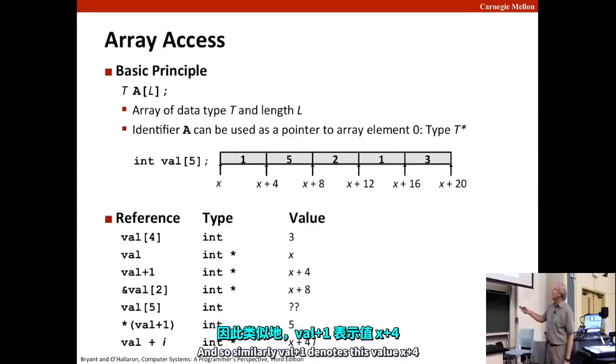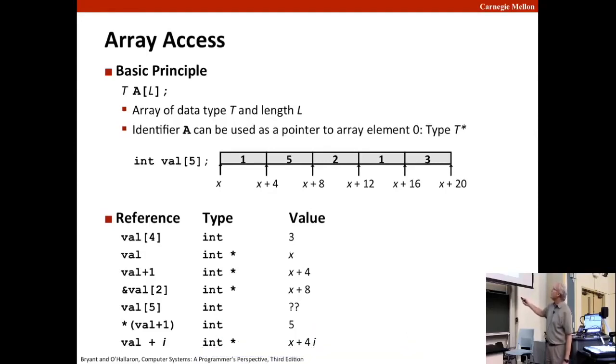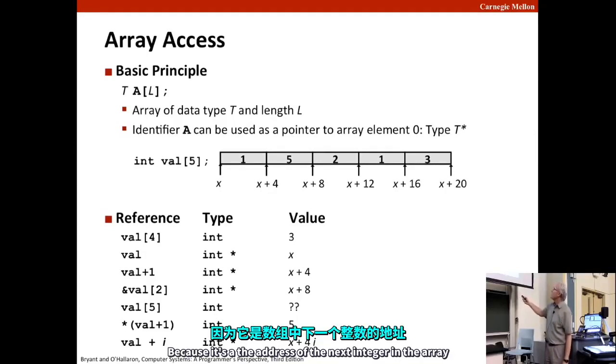And so similarly, val plus 1 denotes this value, x plus 4, because it's the address of the next integer in the array.